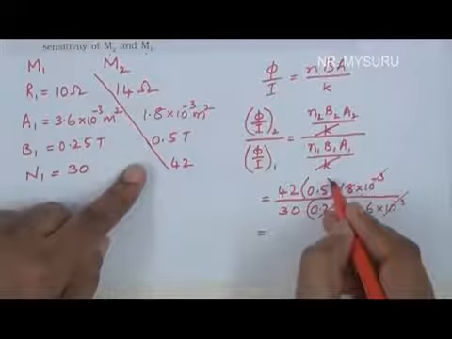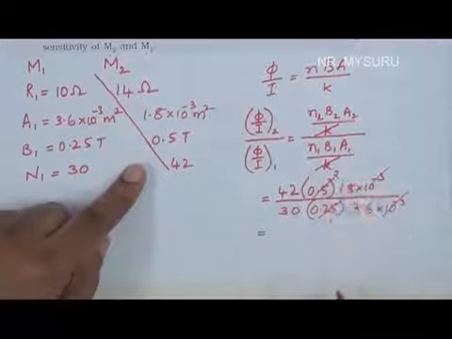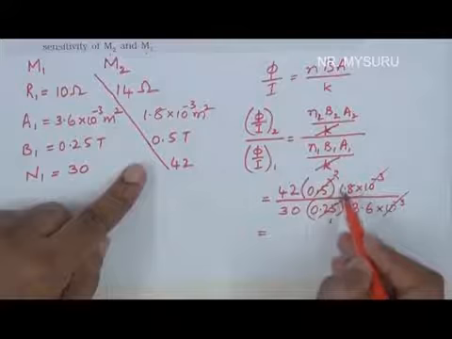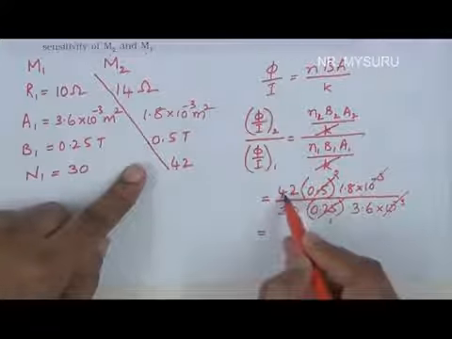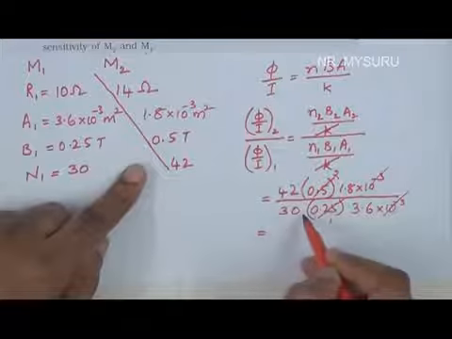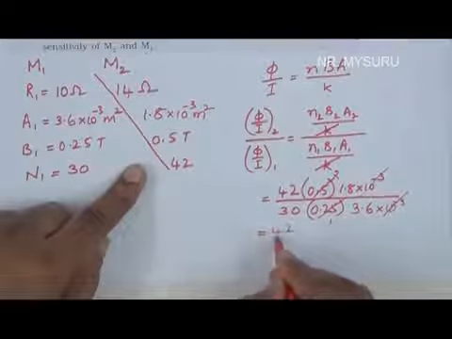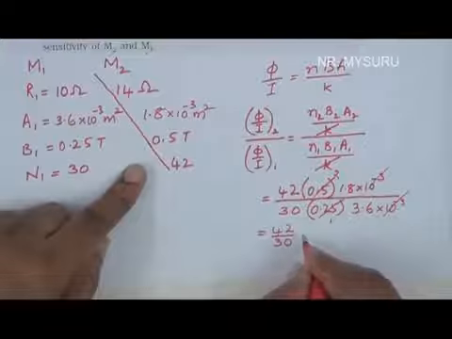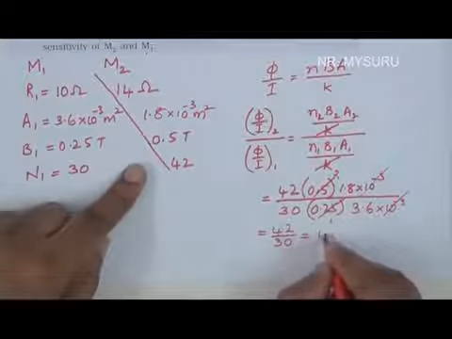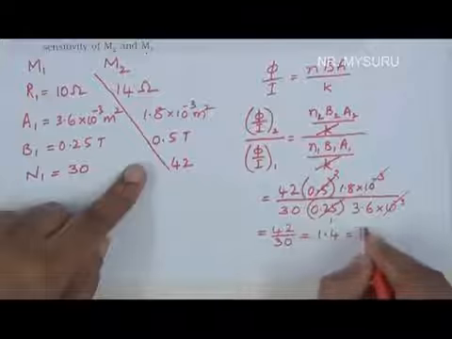This one time, this two time; 1.8 is half of 3.6, so we are left with 42 by 30, which is 1.4 or 14 by 10.